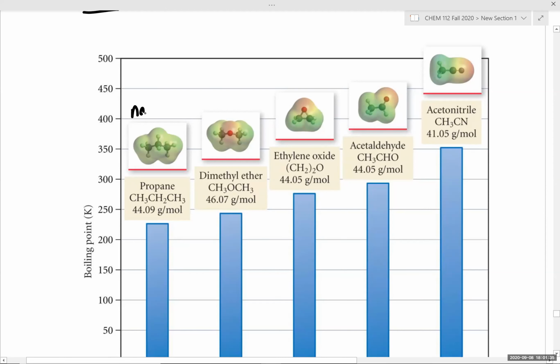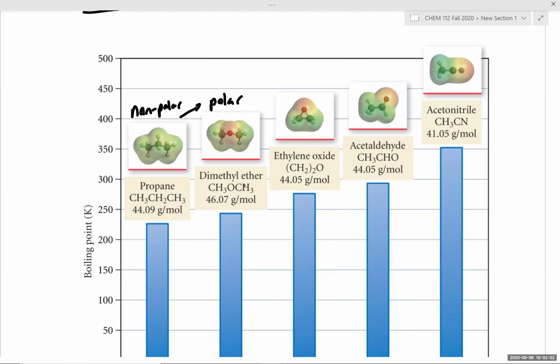So we have propane, which is non-polar, has no molecular dipole moment. If we compare it to diethyl ether, already we see a substantial increase in boiling point going from a non-polar to a polar molecule. And this comparison works because all our molar masses are about the same, so our London interactions will be about the same.